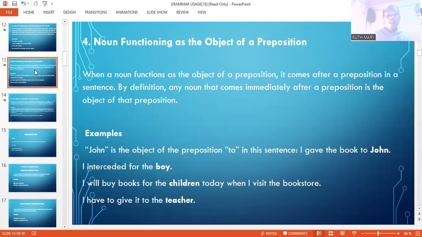Then we have a noun functioning as the object of a preposition. When a noun functions as the object of a preposition, it comes after a preposition in a sentence. By definition, any noun that comes immediately after a preposition is the object of that preposition.